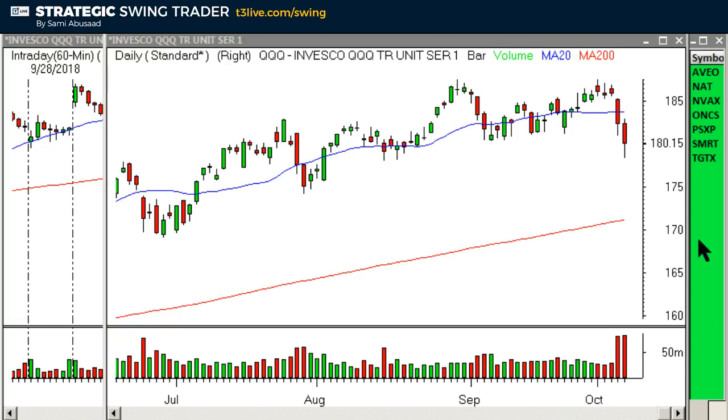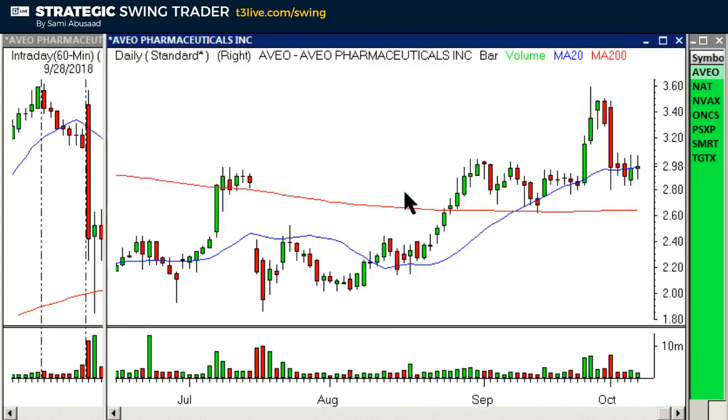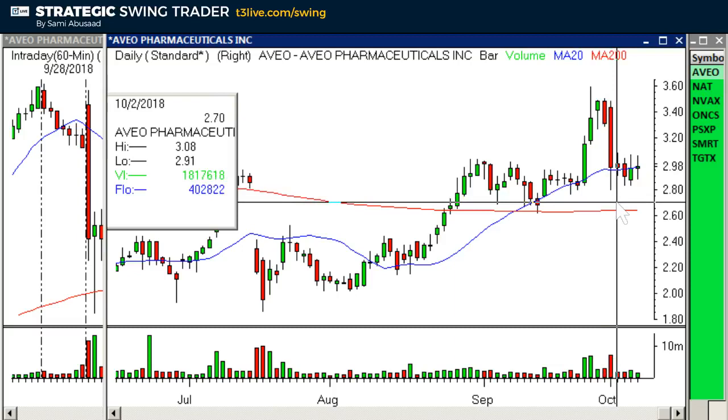As for some swing watches for next week, let's go ahead and take a look. We have AVEO, which has a daily buy setup. Now, this is not a very good daily buy setup because this is actually the beginning of a breakout failure. If we were to break under the base here, this would lead to a breakout failure, but I like it higher if we can take out 310 or so right over here.